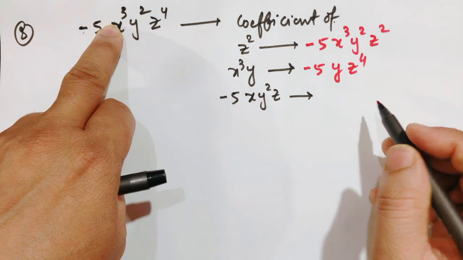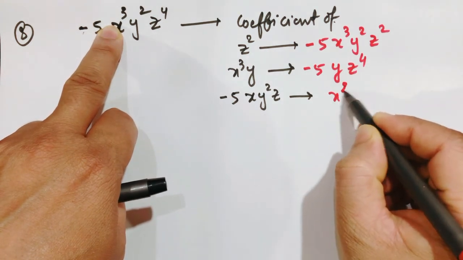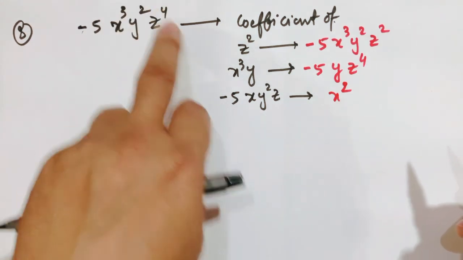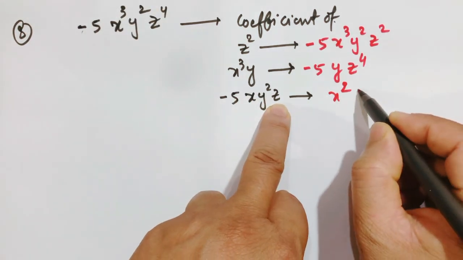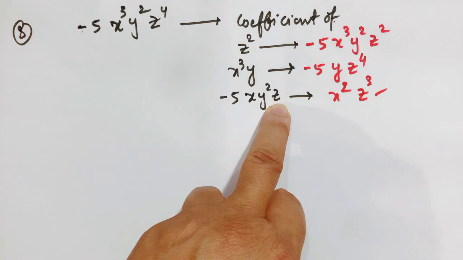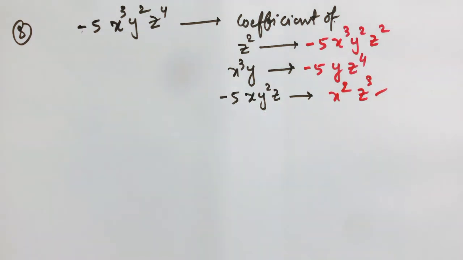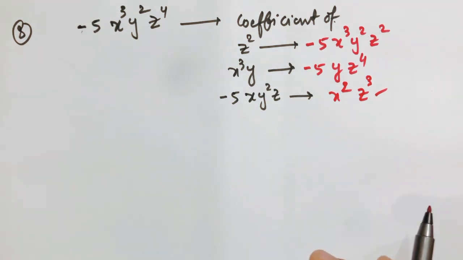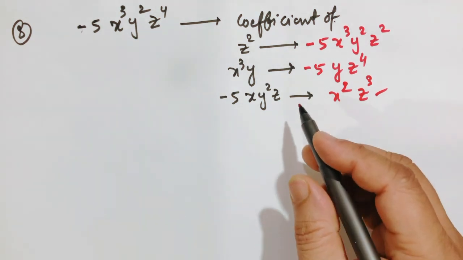X removed from x cube will get x square. Similarly, y square is removed, and from z to the power 4, if you remove z, you will get z to the power 3. Simple as anything. This is how you can solve the given problems.